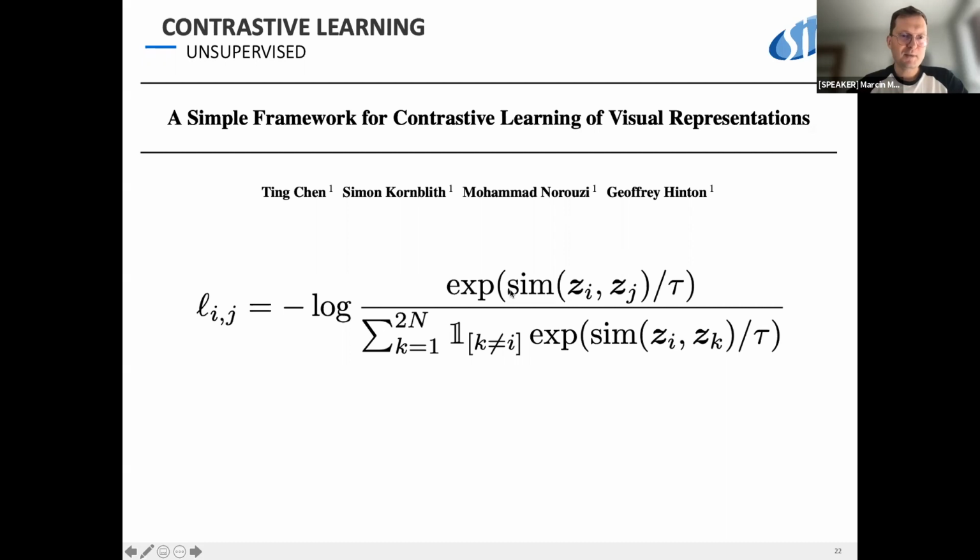Especially we would like to make them more similar to each other than Zi and Zk, where K are all the other examples within the same batch. So this is the positive pair and this is the negative pair. And the final loss is computed among all positive pairs in the mini batch. So this way we can apply contrastive learning in the unsupervised setting.